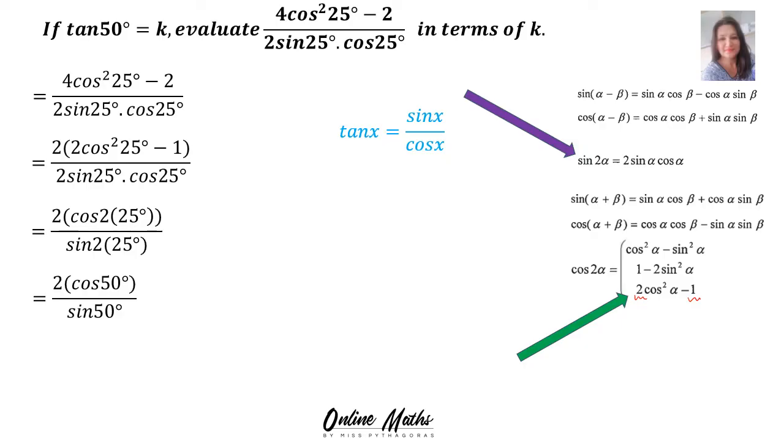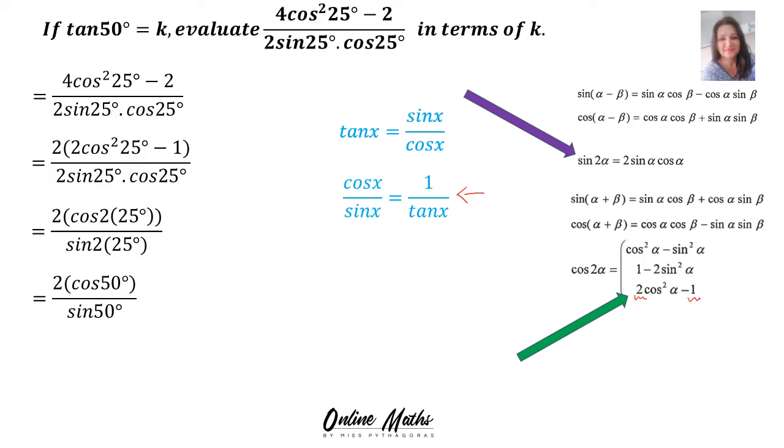Did you know that tan can also be written as the reciprocal? So tan over 1, which is sin over cos, when you swap it around and write it as 1 over tan, you end with a cos over a sin.